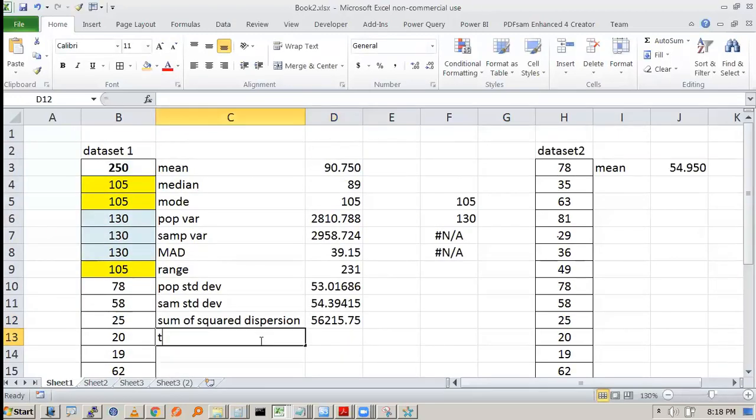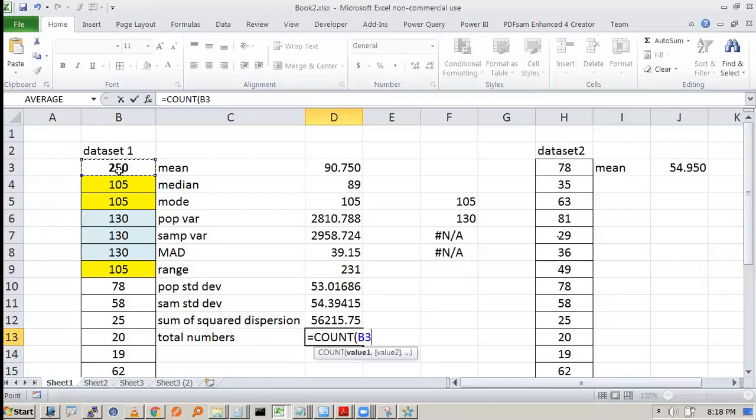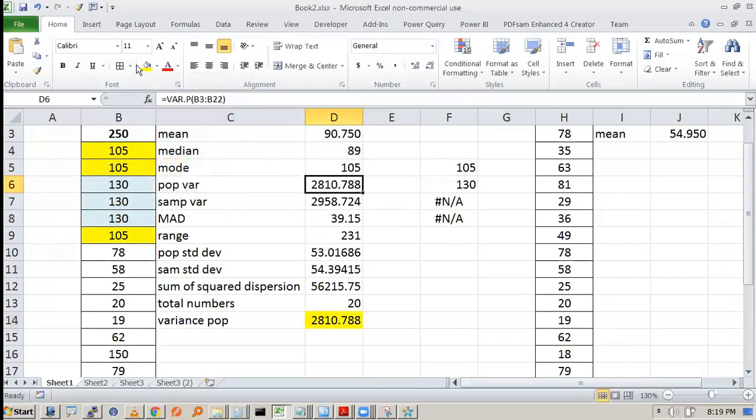And if you take the total numbers that we have, the total numbers can be computed using COUNT, which we have already seen. So 20. If I want to compute the population variance, I can also compute it like this: sum of square dispersion divided by the total number. So this is coming the same as the population variance.